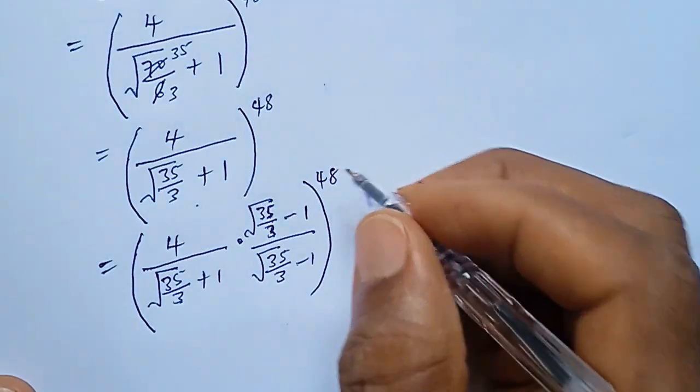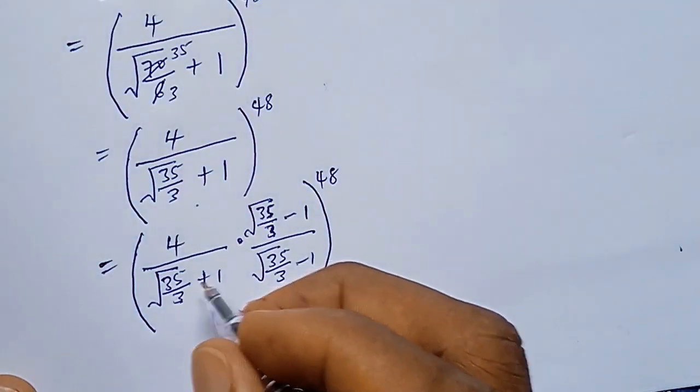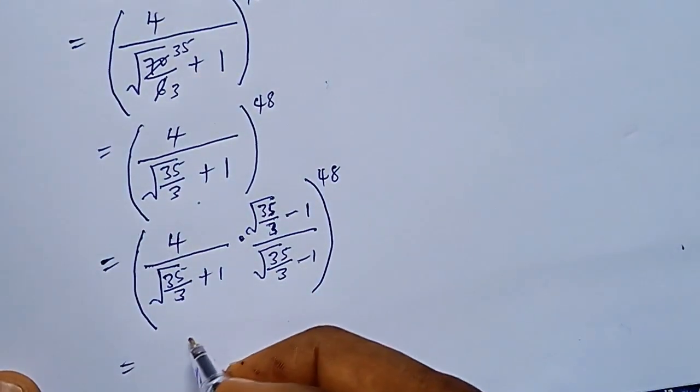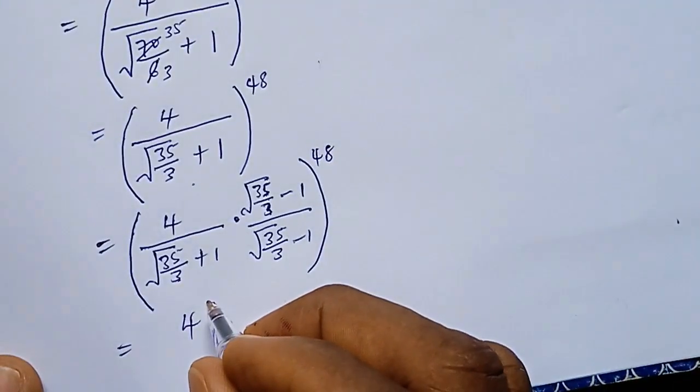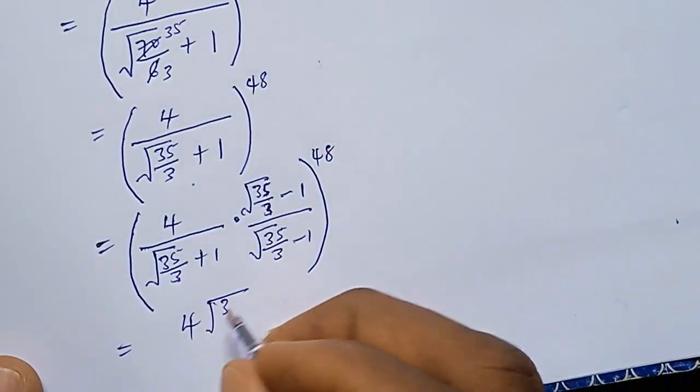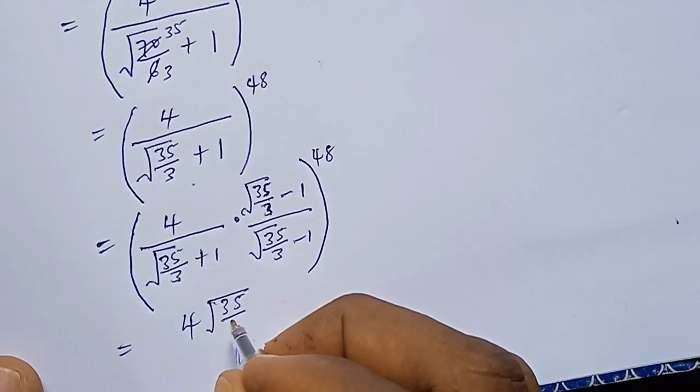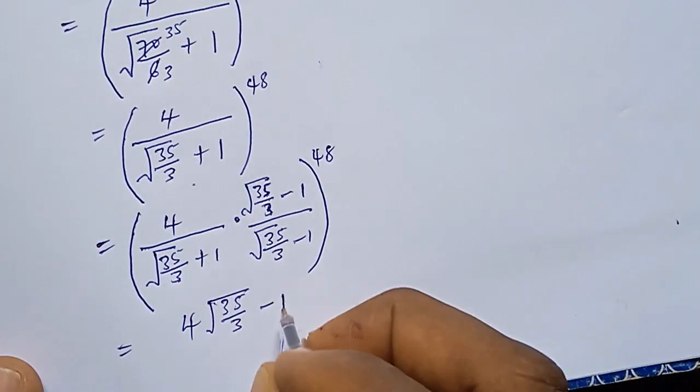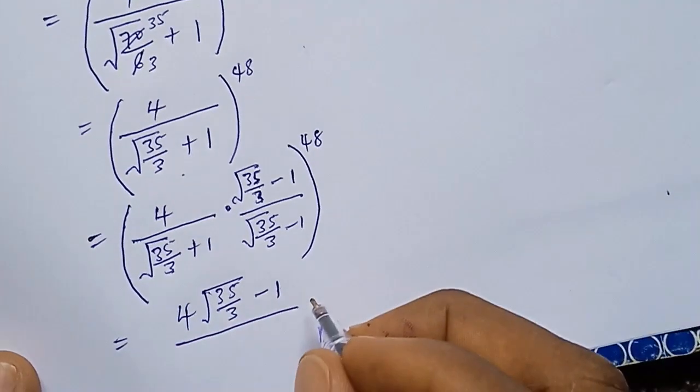So from here, our next step becomes 4 square root of 35 over 3 minus 1 for the numerator.